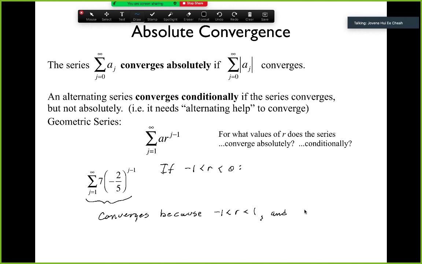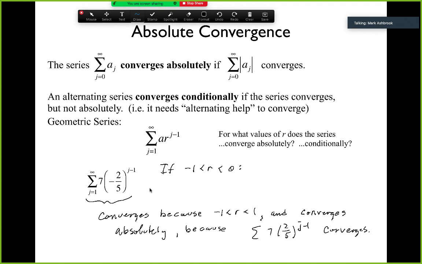Yeah. Right, so put absolute value bars around it, take off the alternating effect, which is essentially making r equal to positive 2/5. Well, that still converges.